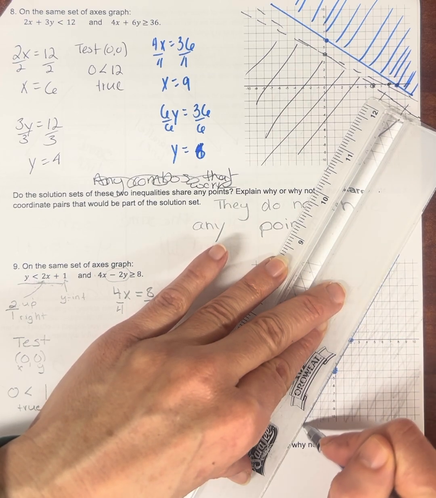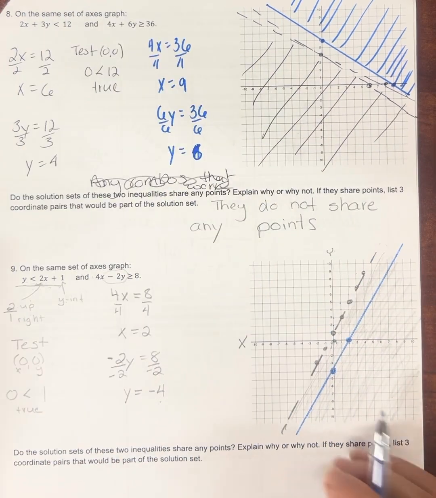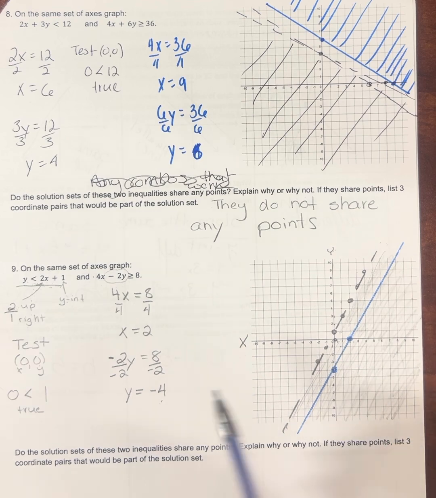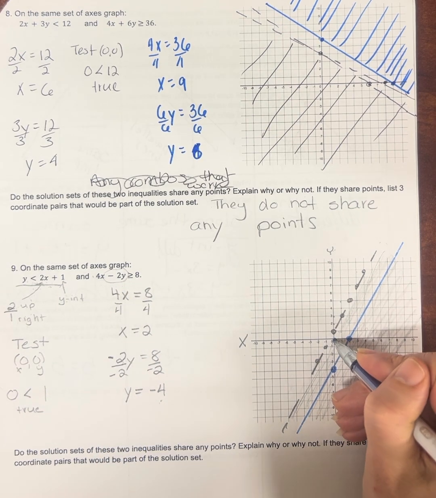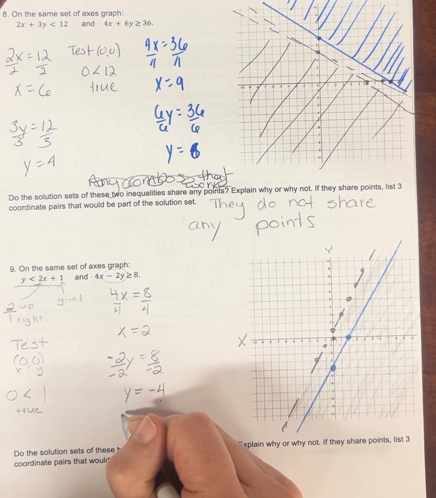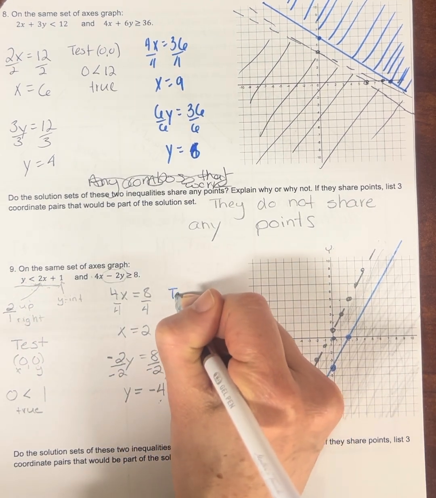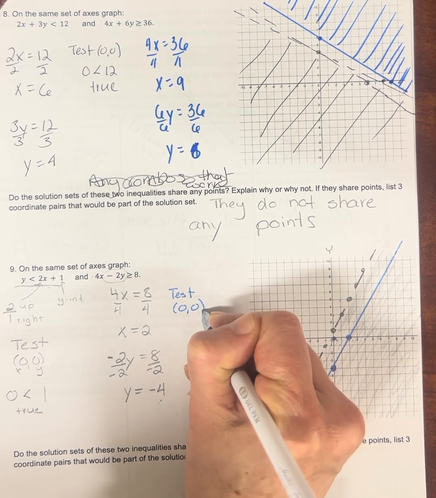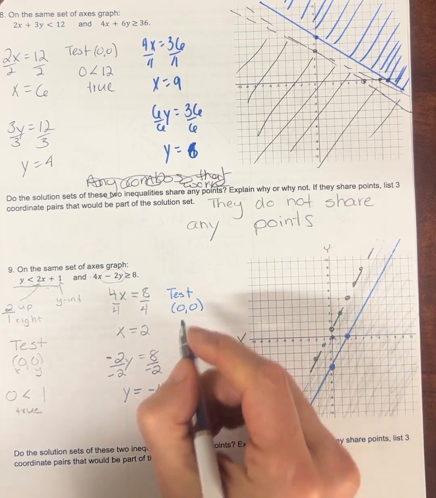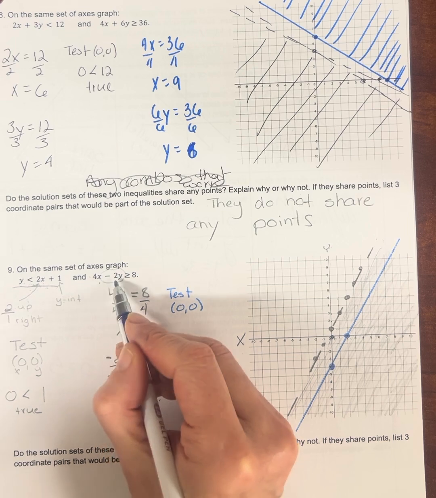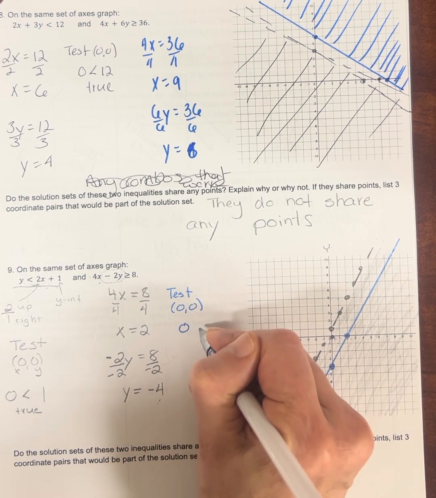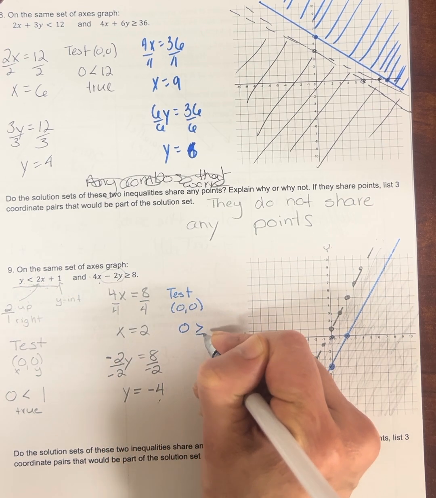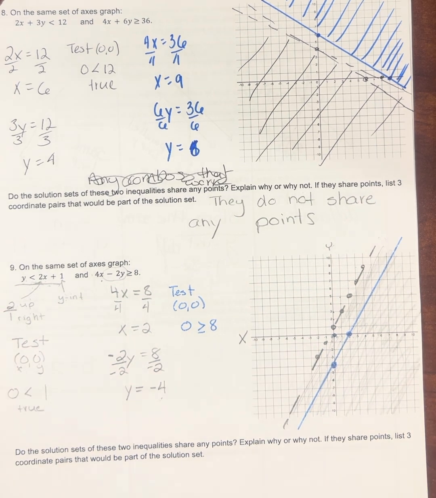All right, now which way do I shade? This one, you can't always tell from that. So we are going to do our test point at 0, 0 again. Okay, I plug a 0 in here, a 0 in here, and I get 0 is greater than or equal to 8.